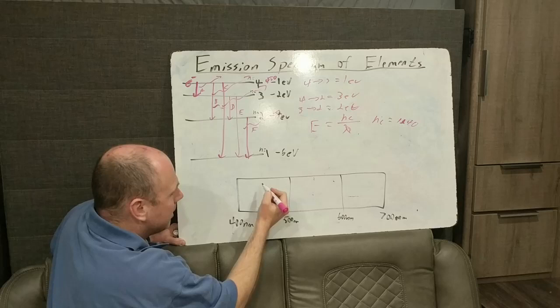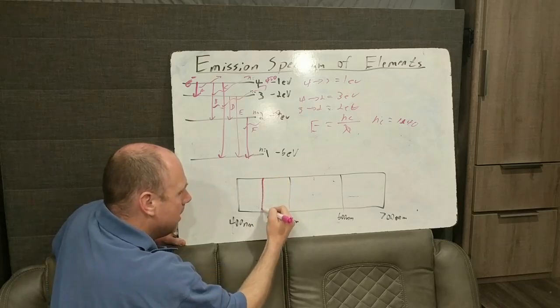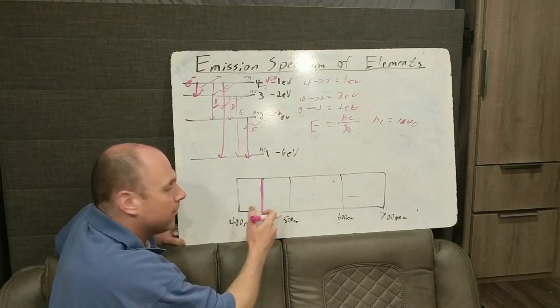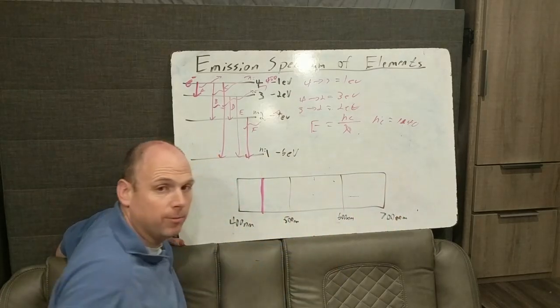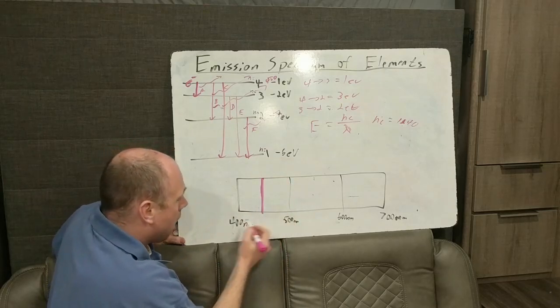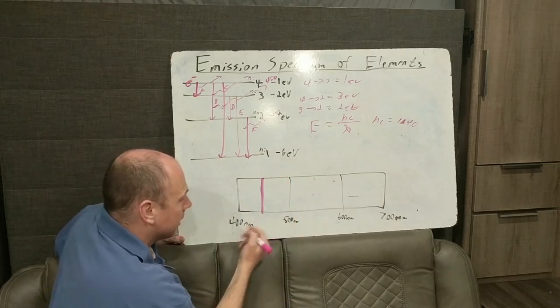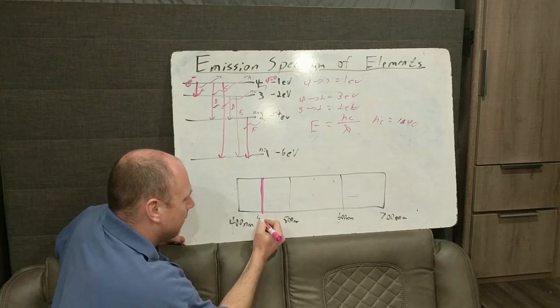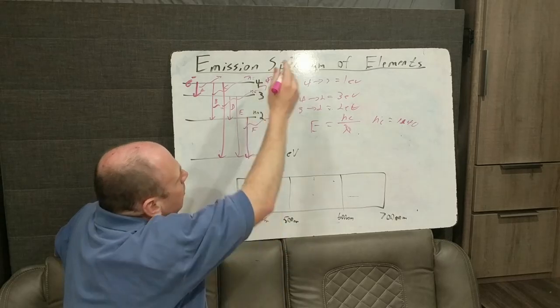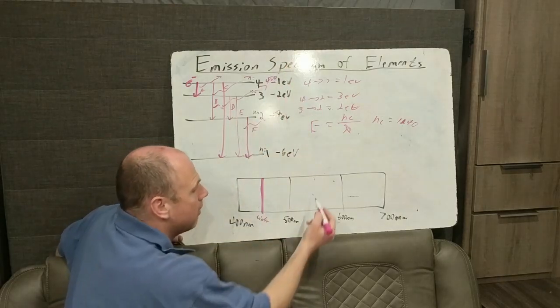So we could plot, we come down here and we would plot a line. I would plot a vertical line at the 450 point on the spectrum. All right, so I'll plot a line right there. And that color would correspond to whatever wavelength that is. This particular one might be violet. All right, let's say one of the other ones produces a wavelength of 550.